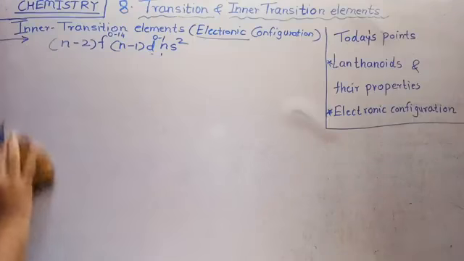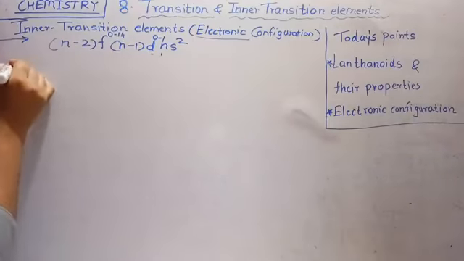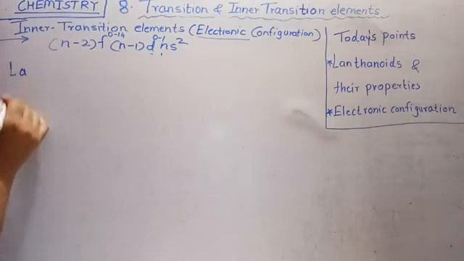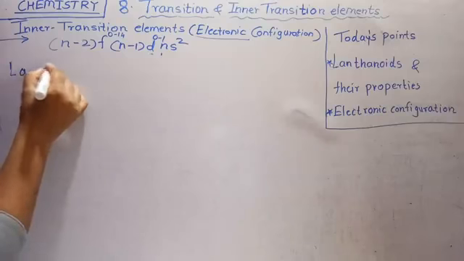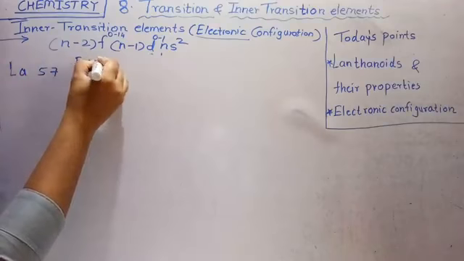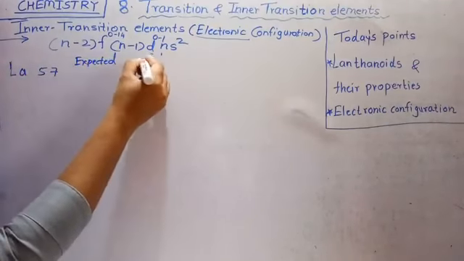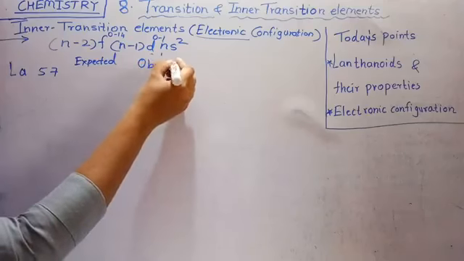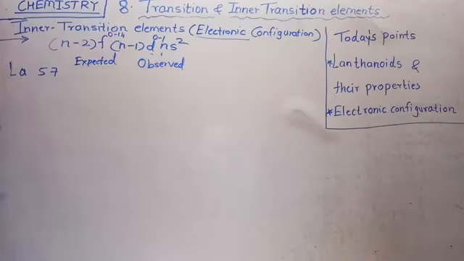So you write first the electronic configuration of lanthanum. That is the element lanthanum, then the atomic number, then the expected electronic configuration, and the observed electronic configuration. There is the first element lanthanum.